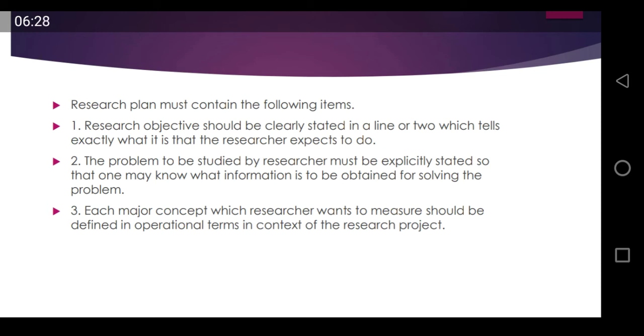If you have written 10 objectives to solve one problem, each objective should be clearly stated, telling what the researcher is going to do. Once you have done all the objectives combined, definitely it is going to solve the research problem, right?